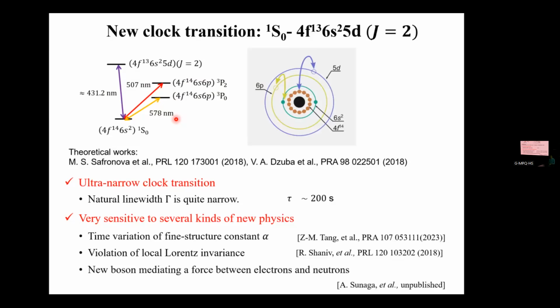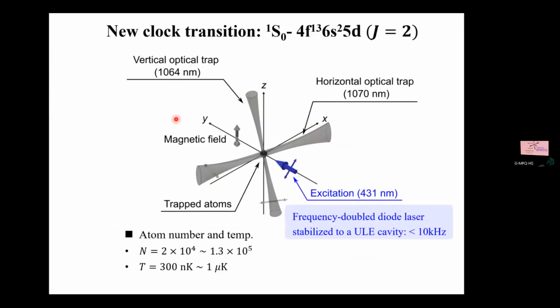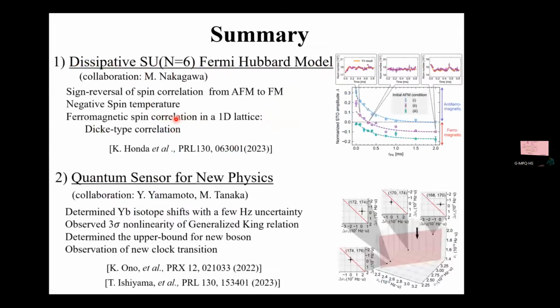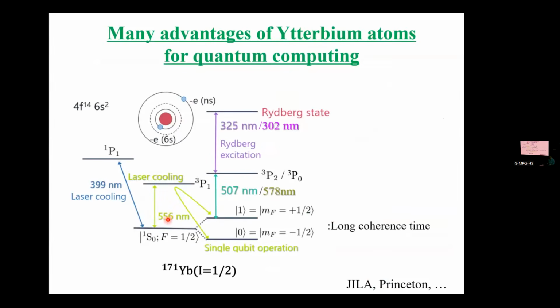Yes, we considered another option. Here we can also consider another long-lived metastable state, the J equals 2 state.